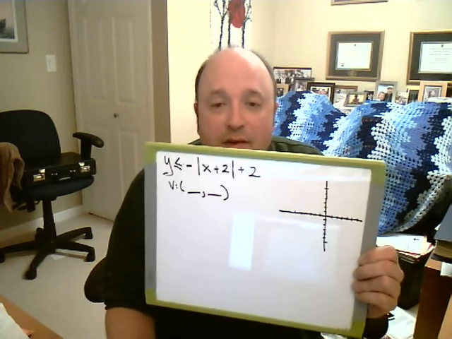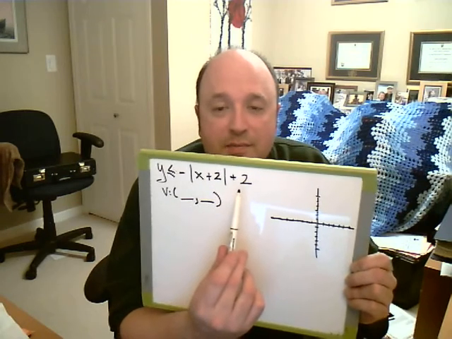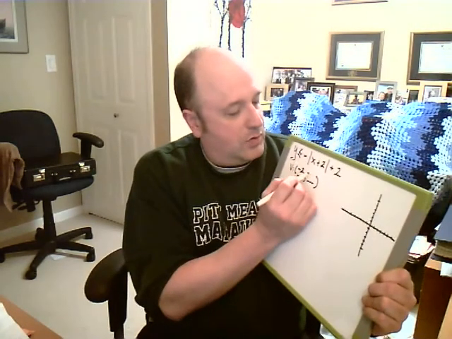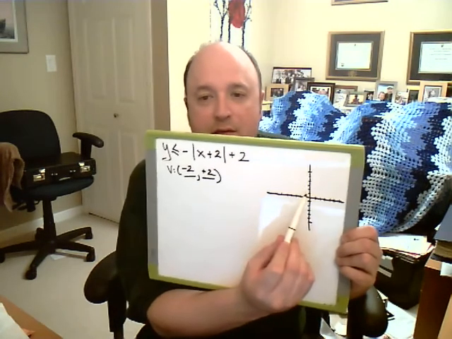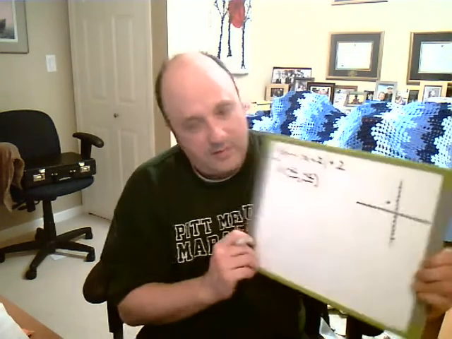And the vertex, so remember the vertex: the opposite of that number first, and the same as that number second. So minus 2, plus 2. I can find that: minus 2, and then up 2, right around there. There's my vertex.